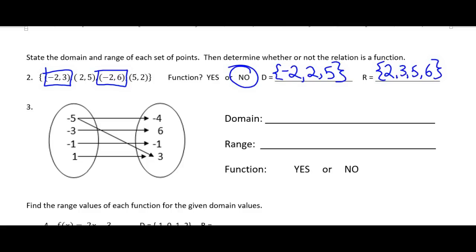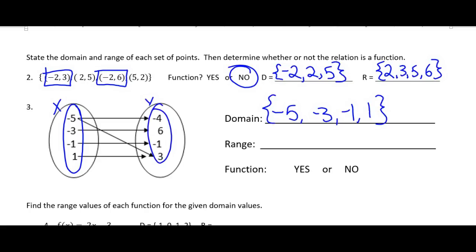Number 3, similar type of problem. The domain, we just list these x values. -5, -3, -1, and 1. Range is the y values. -4, 6, -1, 3.